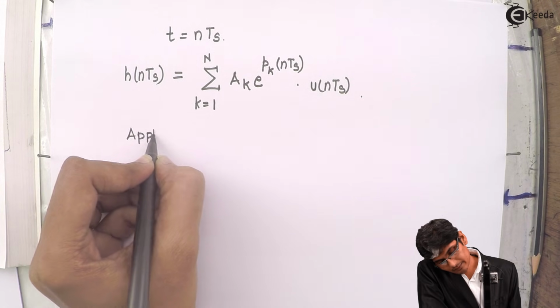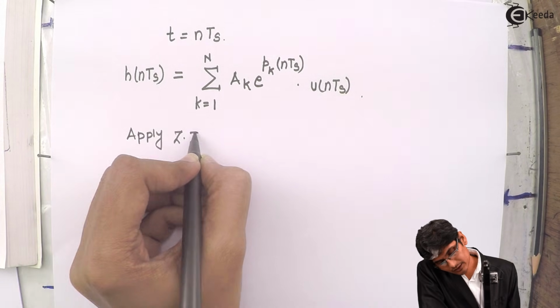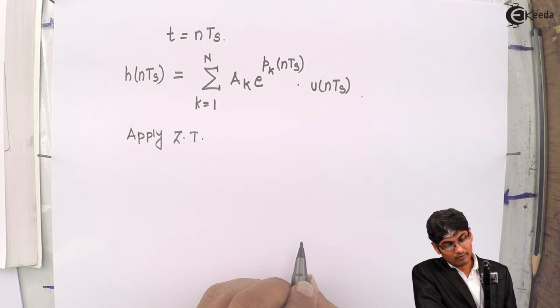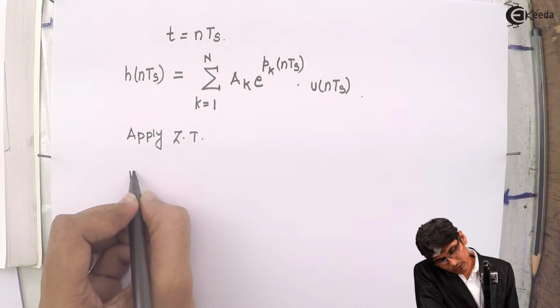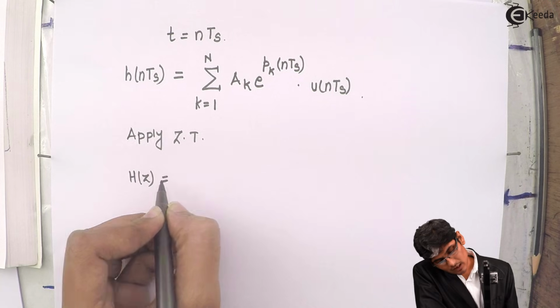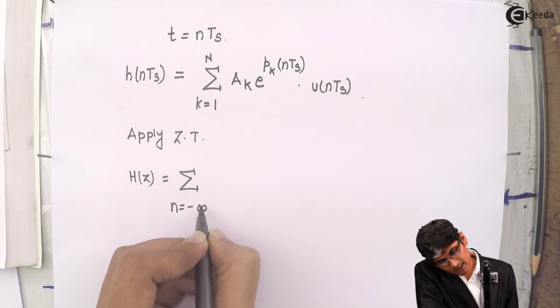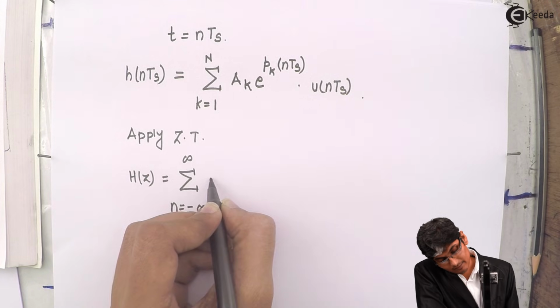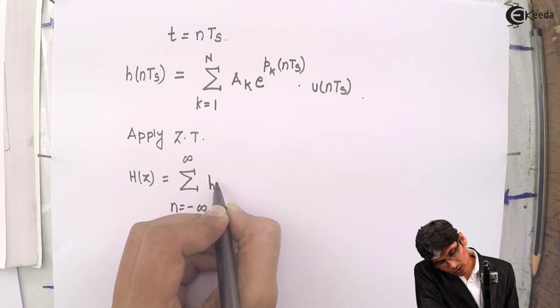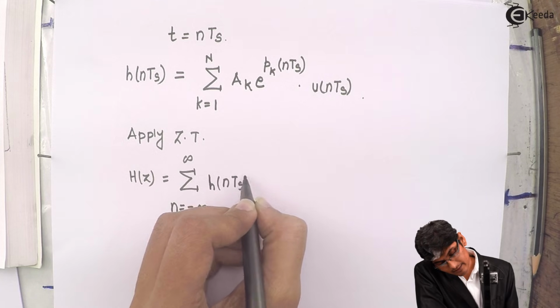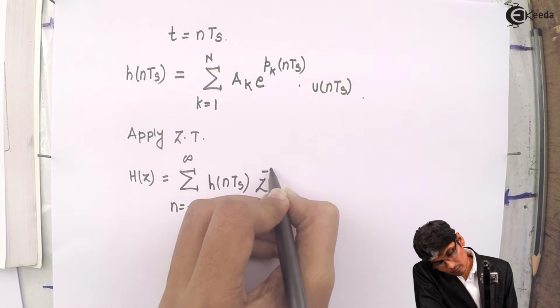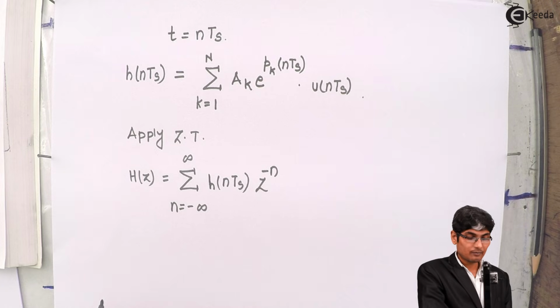So let us apply the Z transform. When I apply the Z transform, I am going to get H of z, which is equal to summation n going from minus infinity to plus infinity, h of nTs z raised to minus n, is the formula.